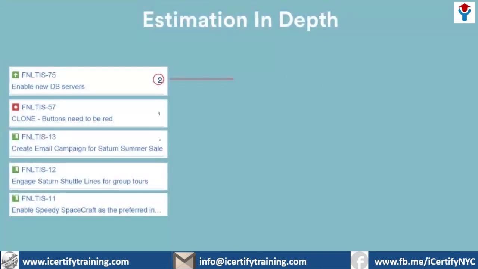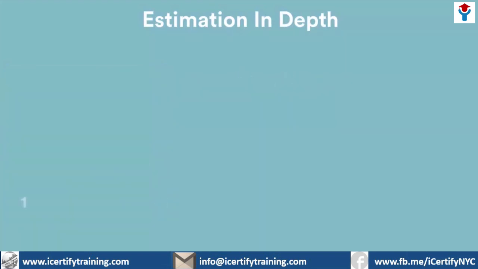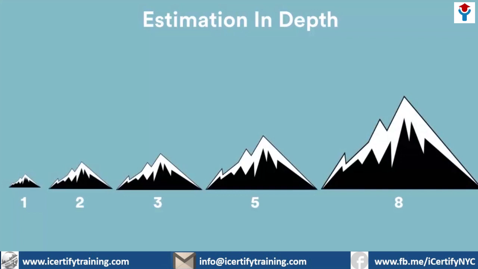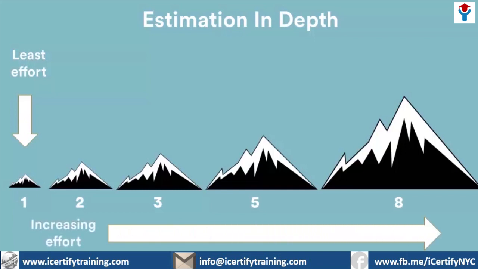Many Agile teams, however, have transitioned to another method of estimation called story points. Story points rate the relative effort of work in a Fibonacci-like sequence: 1, 2, 3, 5, 8, 13, and so on. Using this method, a 1 typically represents the least amount of effort, and higher numbers suggest an increasing amount of effort.